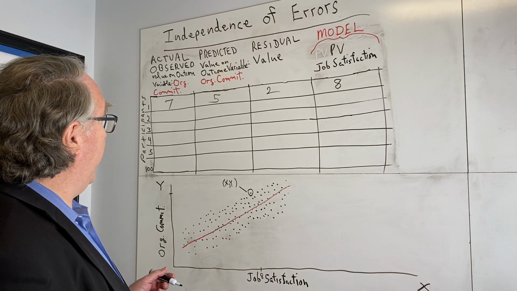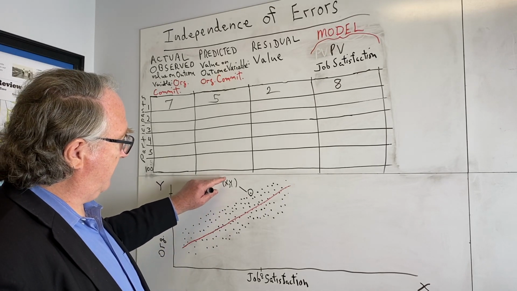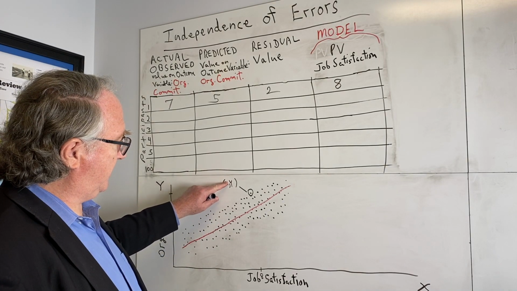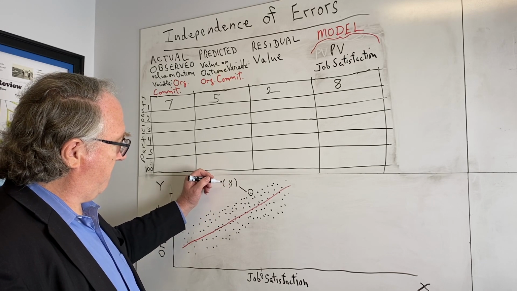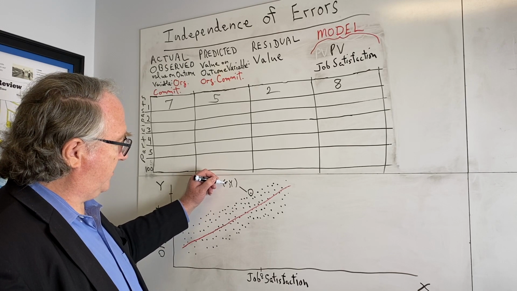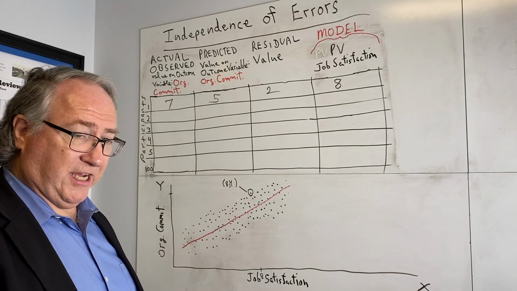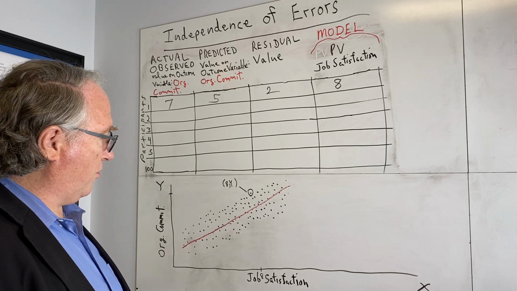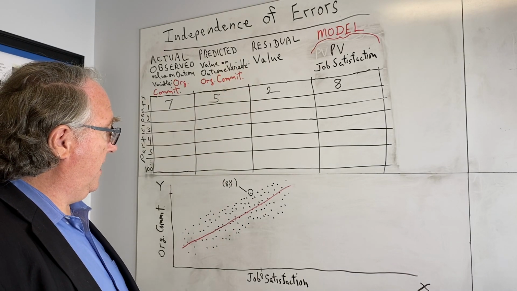Okay, and then in fact we can start to replace these letters here now with actual values. So that's an 8 on the x variable, on the x-axis. That's the person's score on the predictor variable measure for job satisfaction.